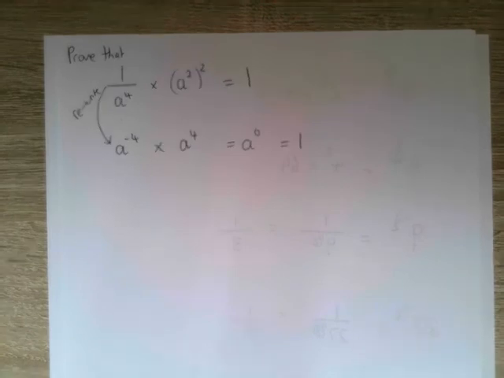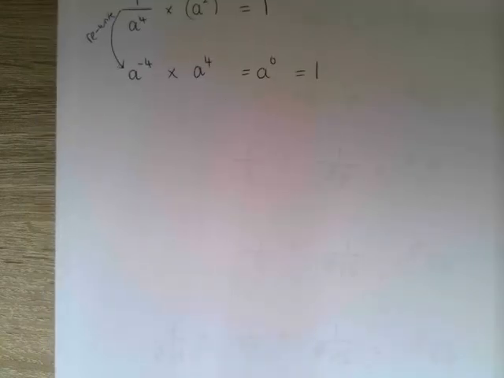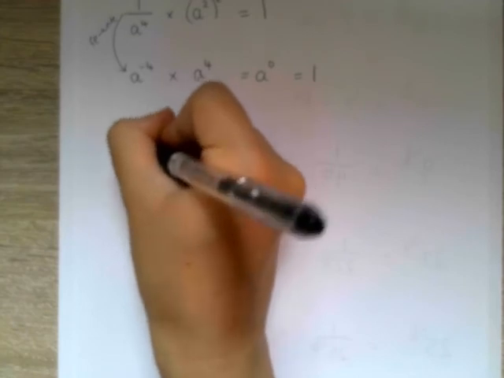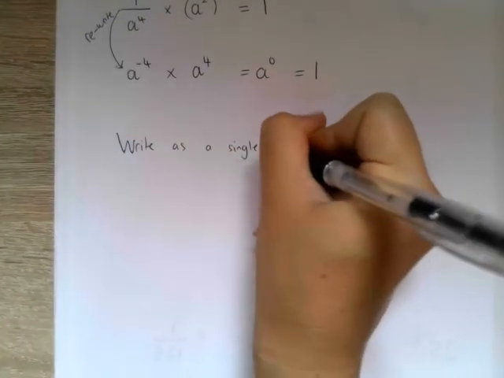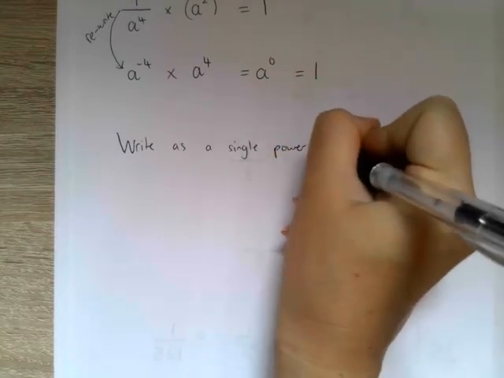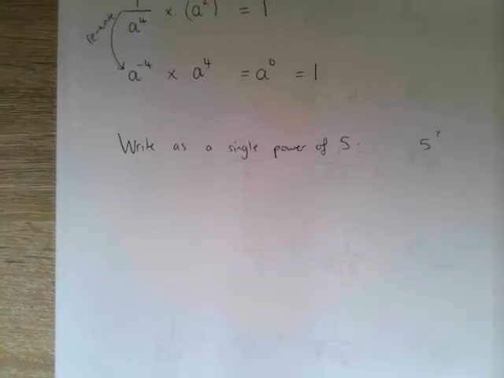So questions like that again come up fairly often, but like I say, you're looking more at grade 7, 8 or 9 for those kind of questions. The final one that I'm going to do is a question like this, where again it will be write as a single power of 5. So that means we want our answer to be 5 to the power of something, so just bear that in mind.